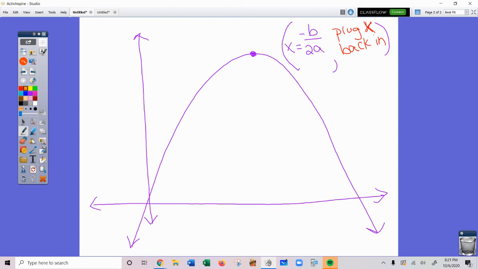So let's look at an example here. Let's say we are given y equals 2x squared minus 10x plus 28. We already know how to do some things. We could use the Desmos calculator to graph this and to find our zeros, which would tell us what x equals.